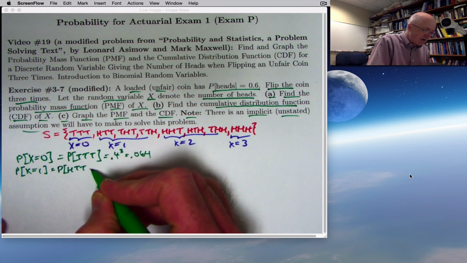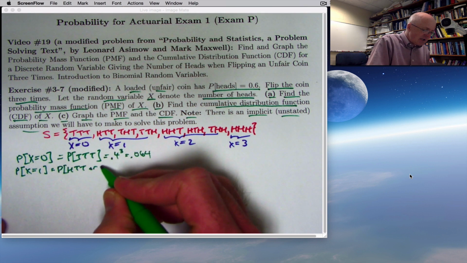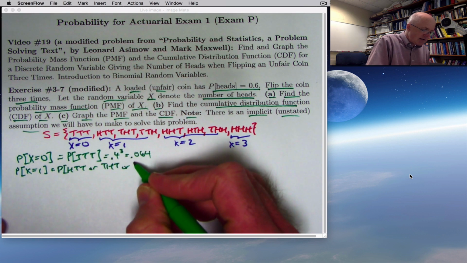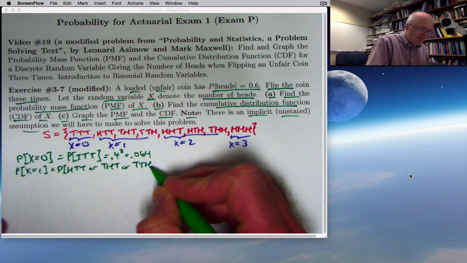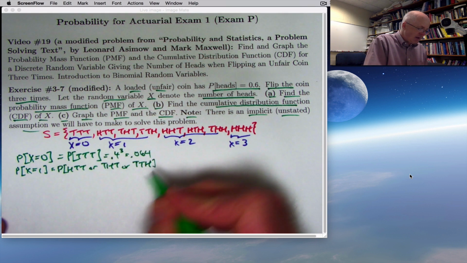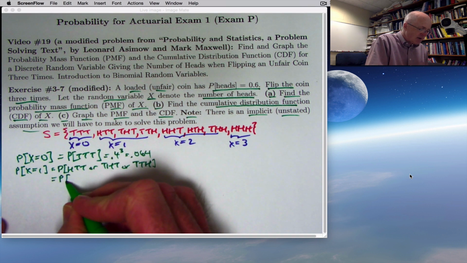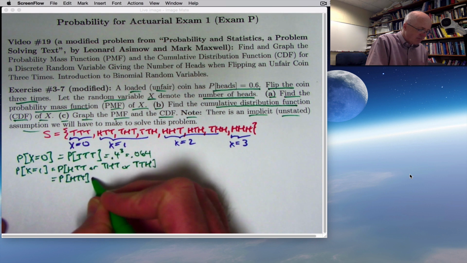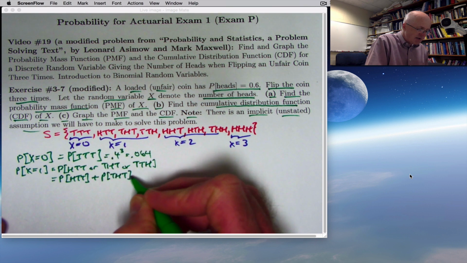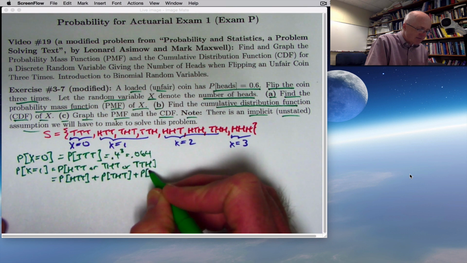These individual outcomes, HTT, THT, and TTH, cannot simultaneously occur on any one run of the experiment. So this would be the sum of their individual probabilities. That is the special addition rule for mutually exclusive or disjoint events.